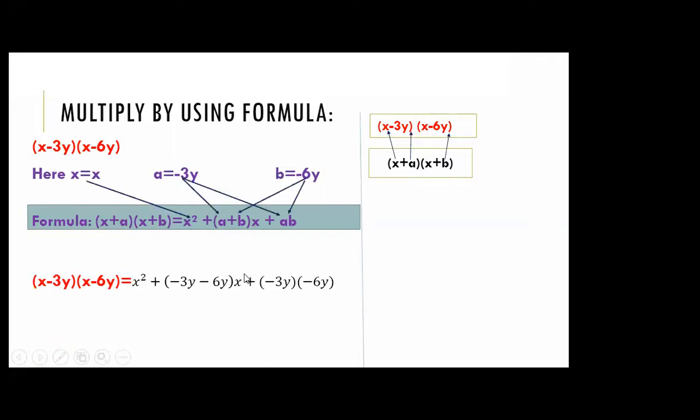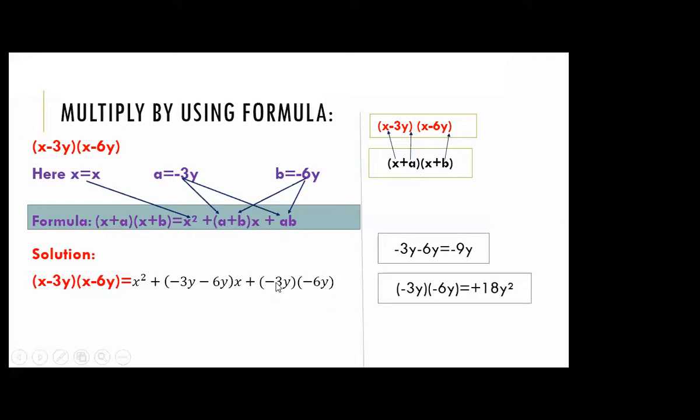So we put the values in the given formula and we get minus 3y minus 6y, which is minus 9y.